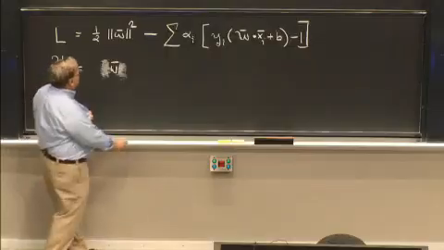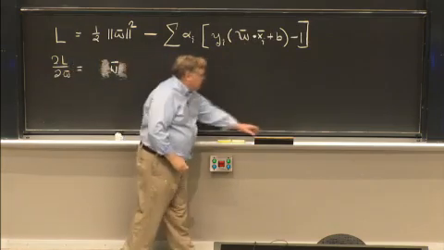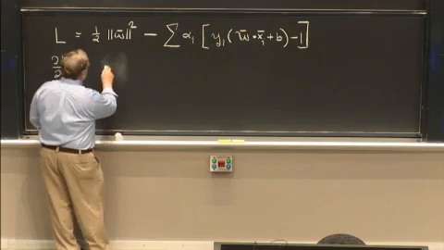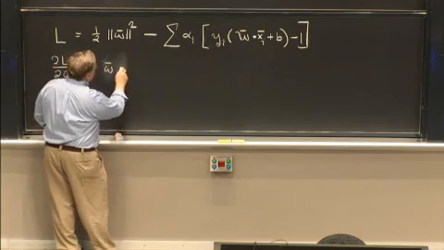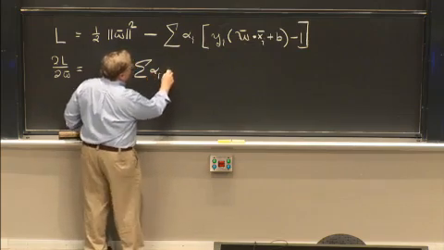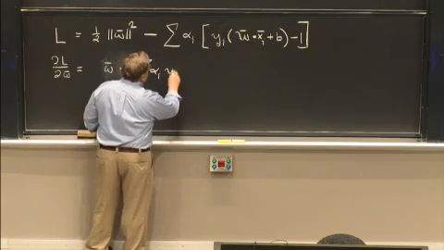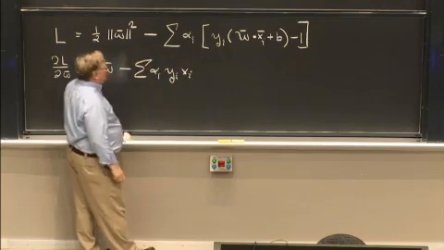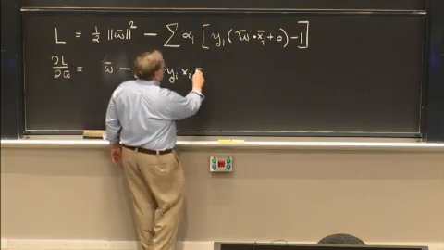Right? So that means that this derivative of the Lagrangian with respect to W is going to be equal to W minus the sum of alpha sub I, Y sub I, X sub I. And that's got to be set to 0.